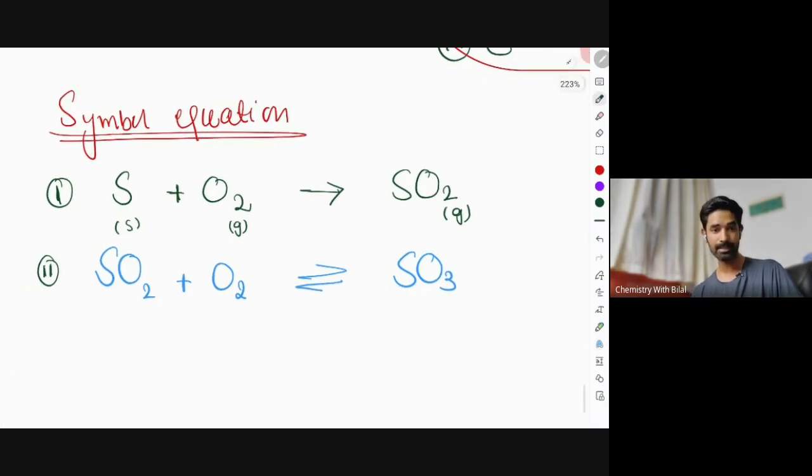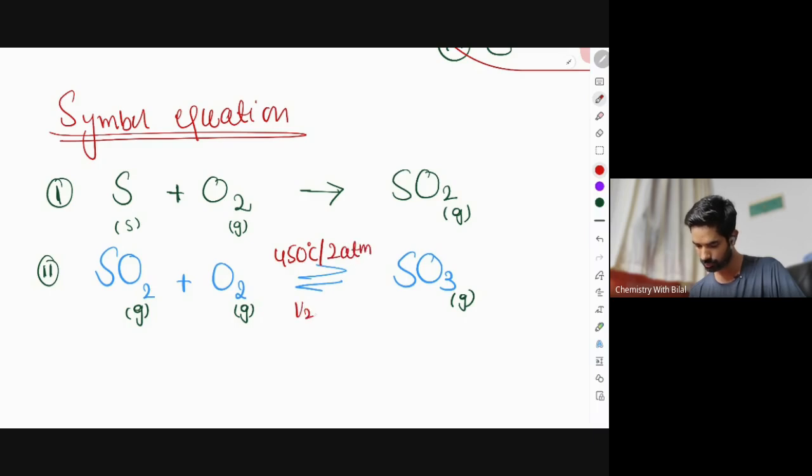In the second step, sulfur dioxide, a gas, is burned in oxygen, a gas, to make sulfur trioxide, which is also a gas. In that very step, you use all those conditions we were referring to: 450, 280 m, and V2O5 as catalyst.